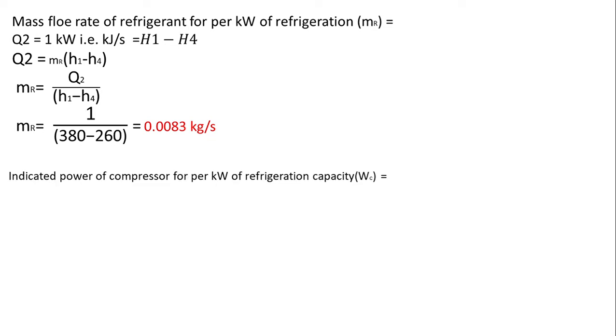Now you have to find out how much power is required. The indicated power required for refrigeration of 1 kilowatt. If we want 1 kilowatt of refrigeration capacity, how much power is required for the compressor? In that case, we have to find out the compressor work.